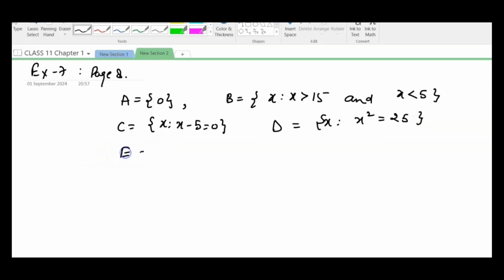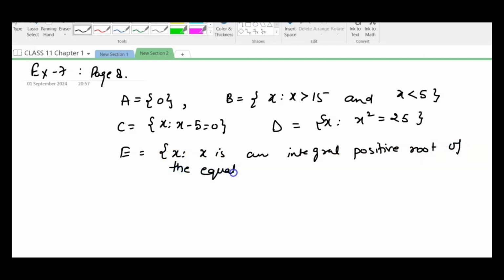And E is equal to {x such that x is an integral positive root of the equation x square minus 2x minus 15 is equal to 0}.